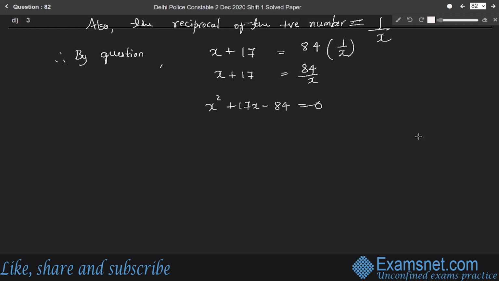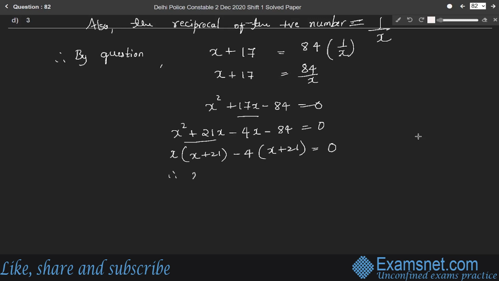So split the middle term. So x square plus 21x minus 4x. So 21 into 4 is 84. Into minus 4 is minus 84. Minus 84 is equal to 0. Taking x as common. So here x plus 21, minus 4 as common. X plus 21 is equal to 0. Therefore, x is minus 21 or x is equal to 4.